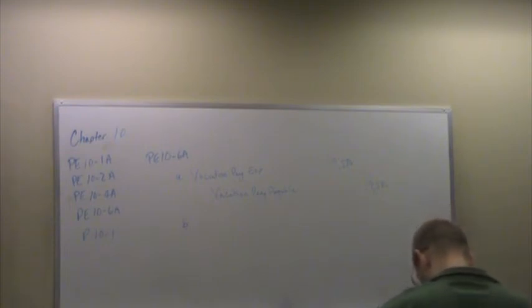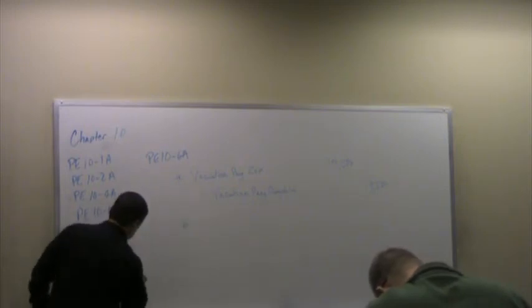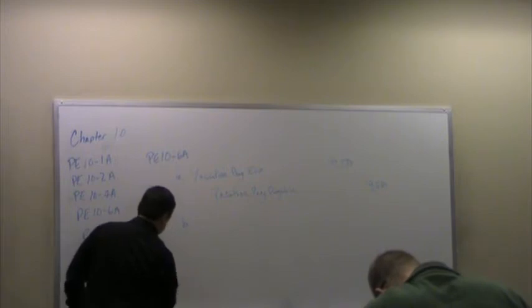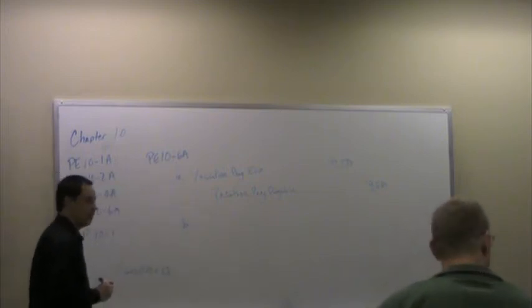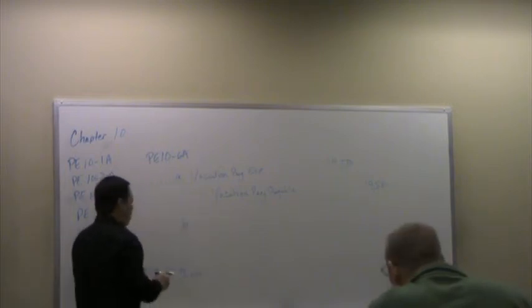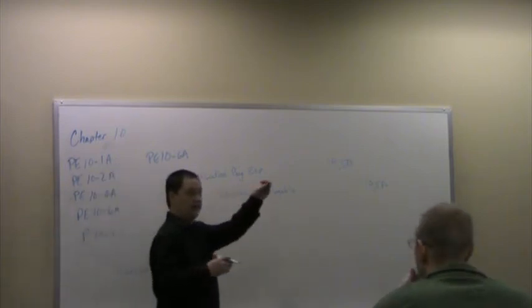I'll just write this over here so you can see that. So 260 times 6%, that's 15,600. So we have to pay this into their pension.